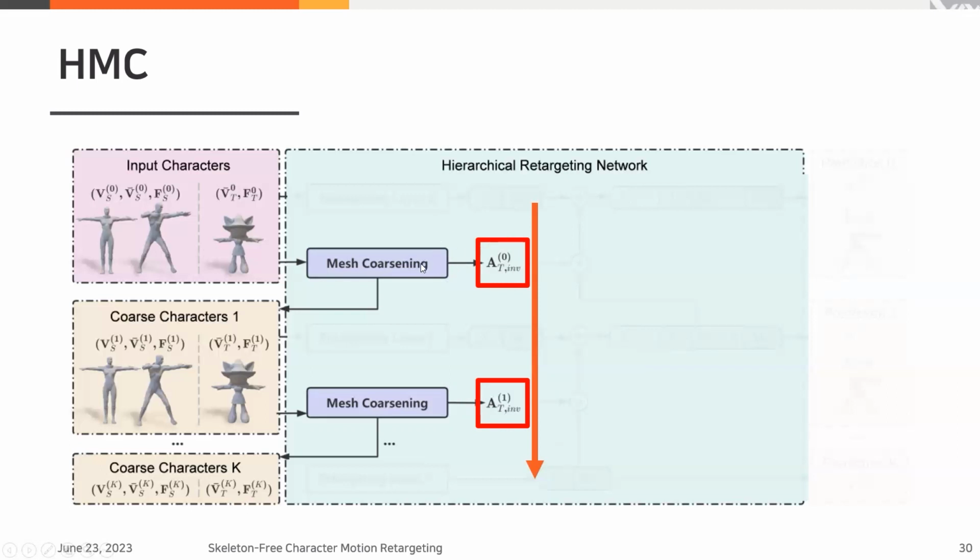So this part is just computed in the mesh coarsening part, but actually I didn't understand how to calculate the A because there are too many equations. I think the A contains... Yeah, I guess the superscript 0 means the original mesh, so it contains the mapping between the input and coarse meshes.